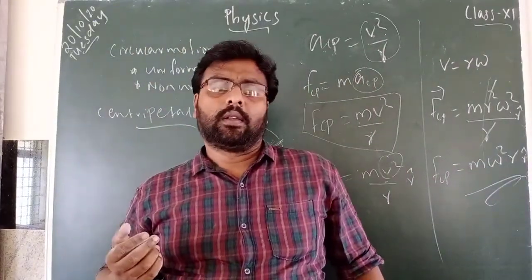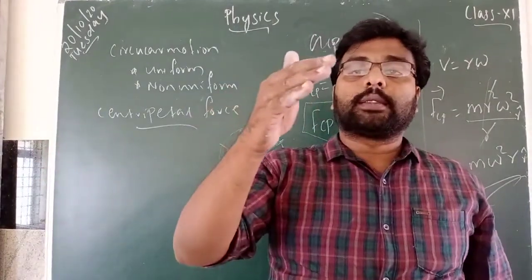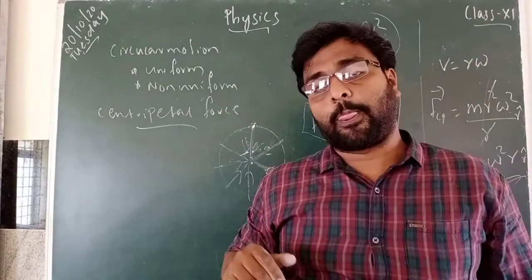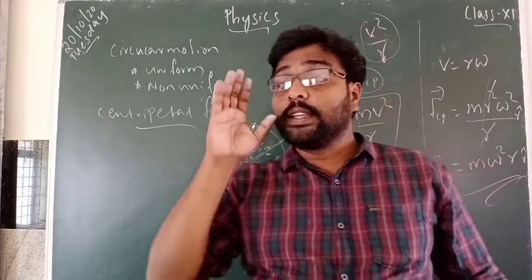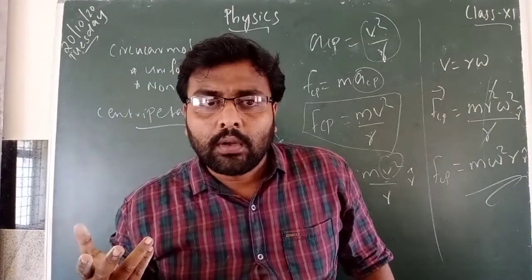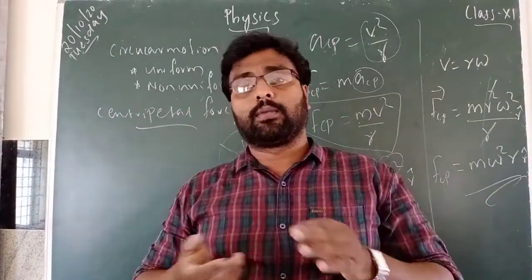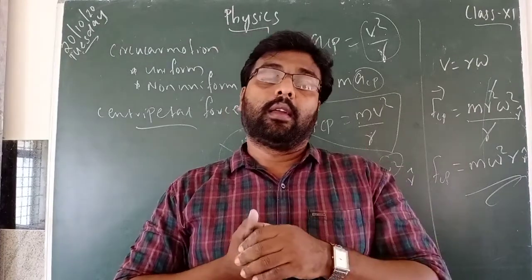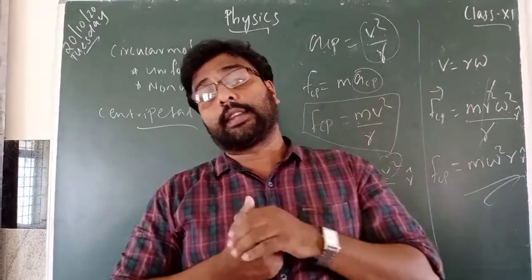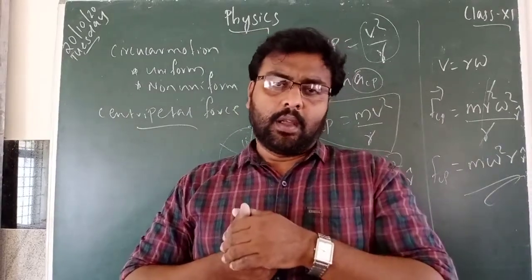There also there is a centripetal force which is acting towards the center. From where is the centripetal force coming? That centripetal force is also provided by the tension in the string. That is the first case.